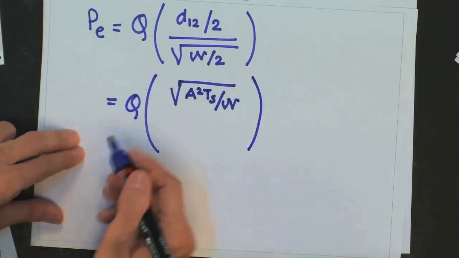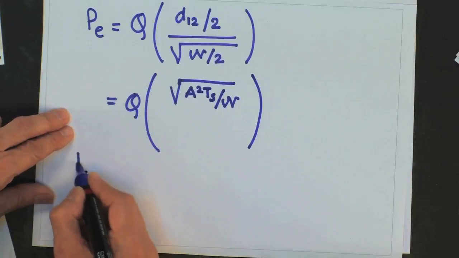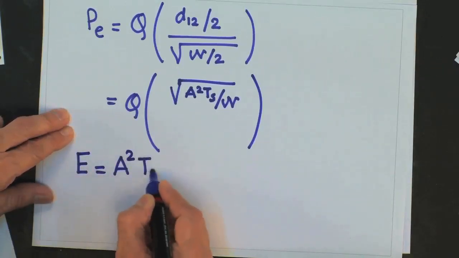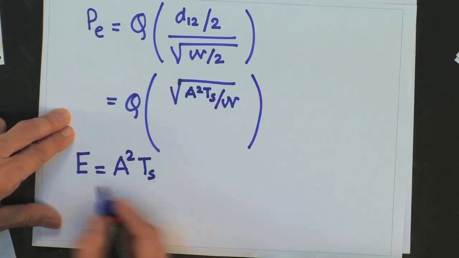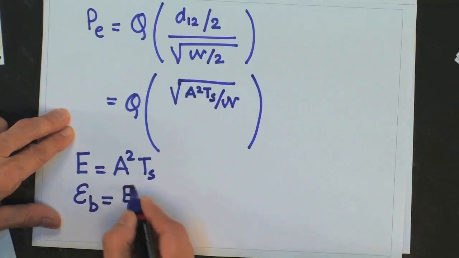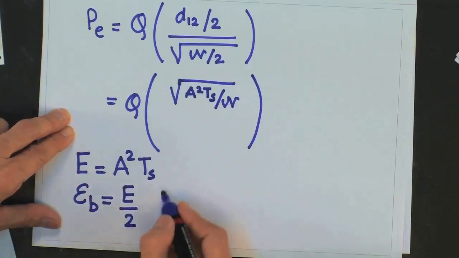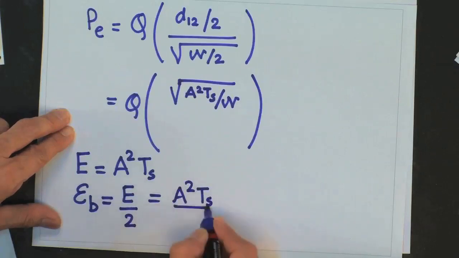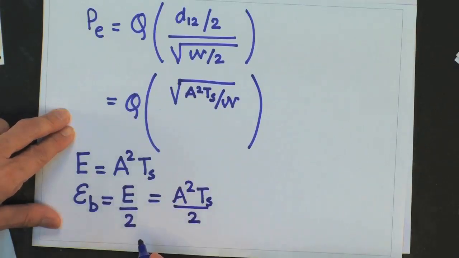Now, energy of the QPSK signal we know is equal to A squared Ts. So, the energy per bit is equal to E by 2, which is A squared Ts by 2.